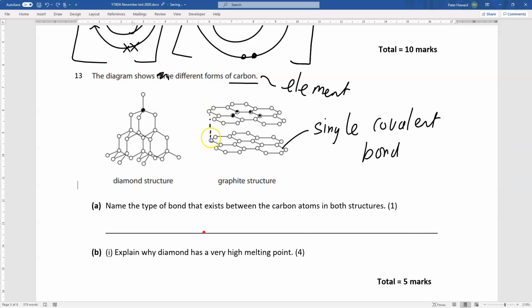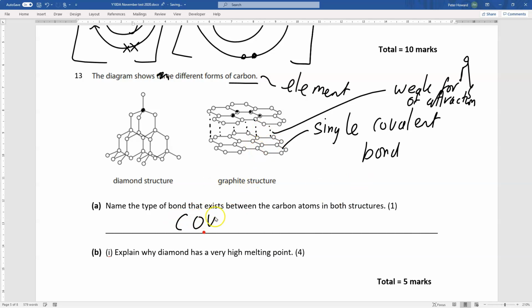Anything not shown in graphite between the layers are weak forces of attraction, and that's between the layers. So what type of bonding is shown in both things? We've got covalent bonding.